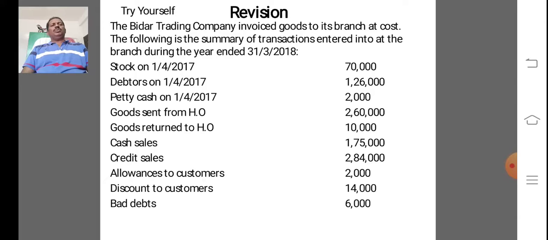Stock on 1/4/2017 70,000, debtors on 1/4/2017 1,26,000, petty cash on 1/4/2017 2,000 and goods sent from HO 2,60,000, goods returned to HO 10,000 and cash sales 1,75,000, credit sales 2,84,000, allowances to customers 2,000, discount to customers 14,000, bad debt 6,000.